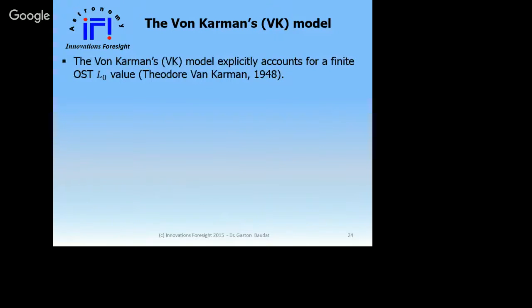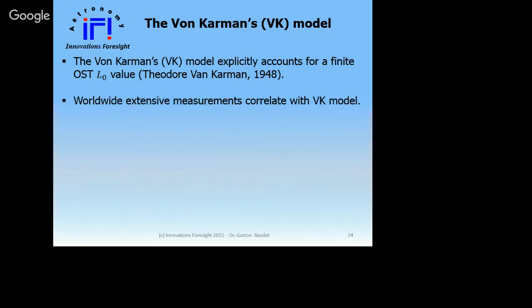This model explicitly accounts for the finite size of the outer scale of turbulence, the L0. And this guy worked on that in 1948. You see, it's not truly new, way before computers. Worldwide, extensive measurements have been made over probably a couple of decades to look at that, and the results correlate very well with the VK model.